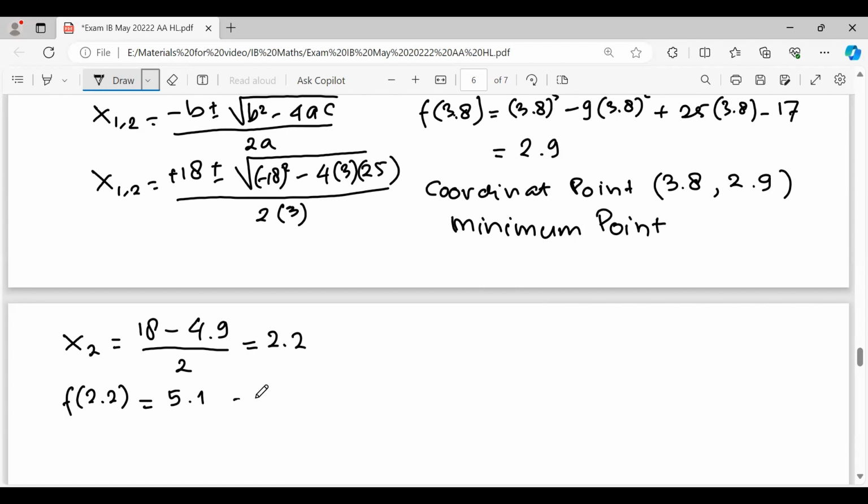So the coordinate point is 2.2, 5.1. And this is the maximum point.